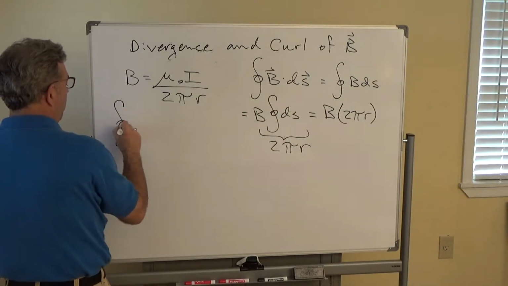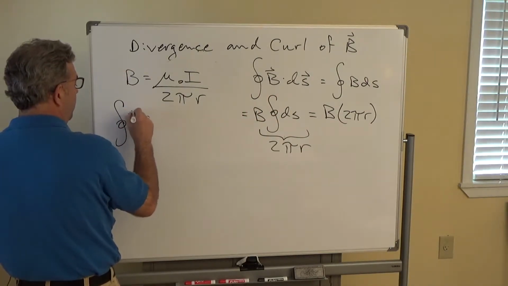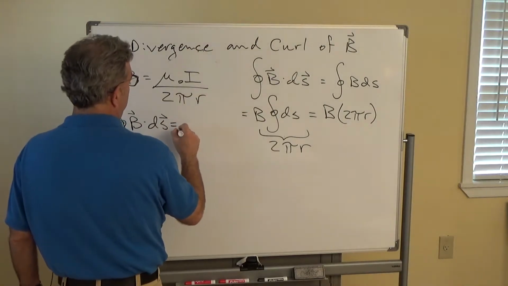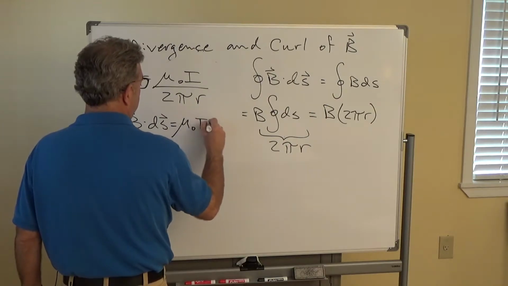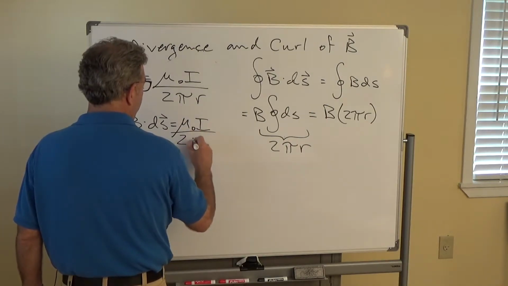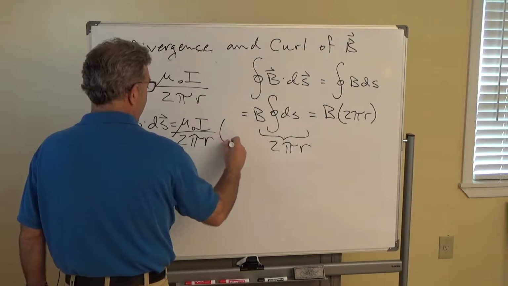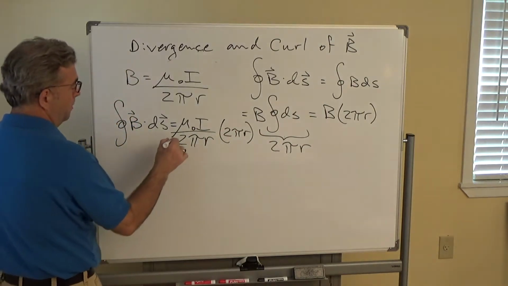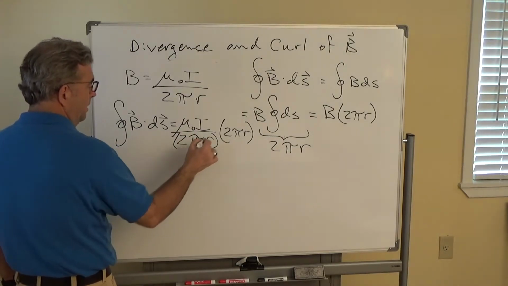The integral around the closed loop of B dot ds is equal to mu naught I over 2 pi r times 2 pi r. Well, these cancel.